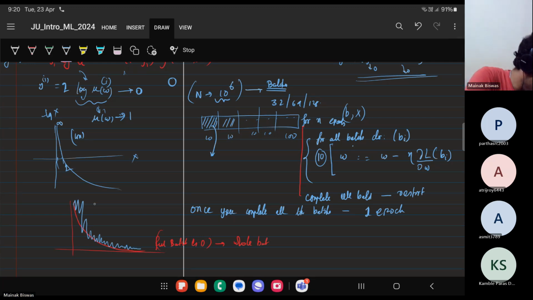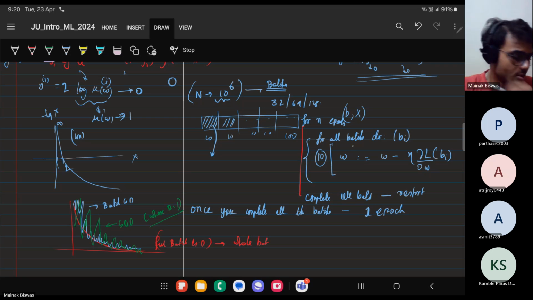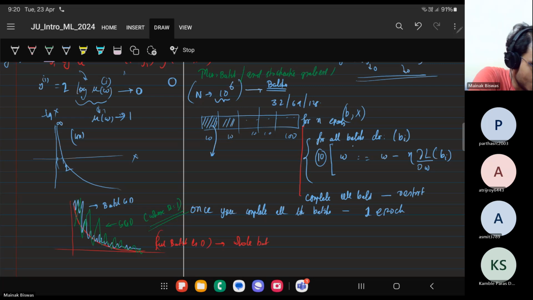If you have batch gradient descent, and the worst case is what is called stochastic gradient descent, where batch size is equal to 1. Okay. Any questions? So this is called mini batch and stochastic gradient descent. I'll wait for a minute.